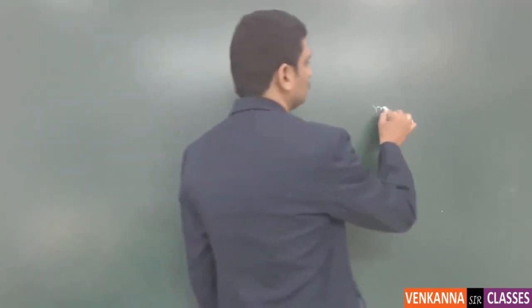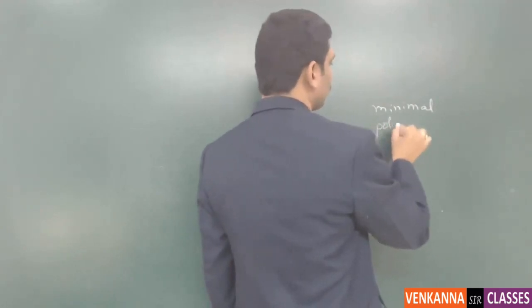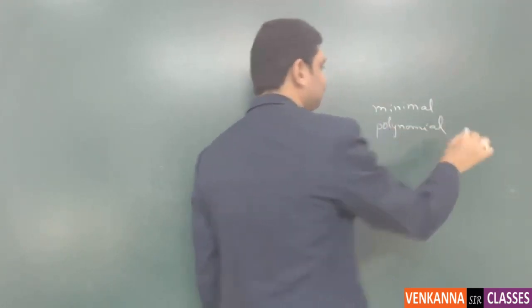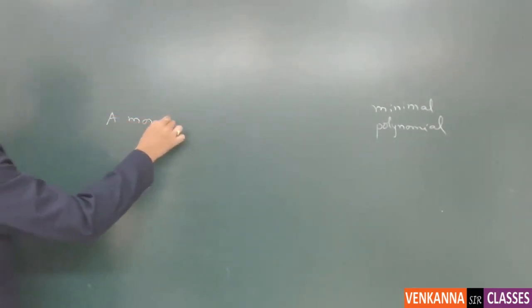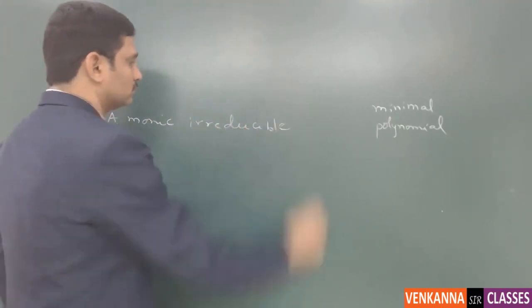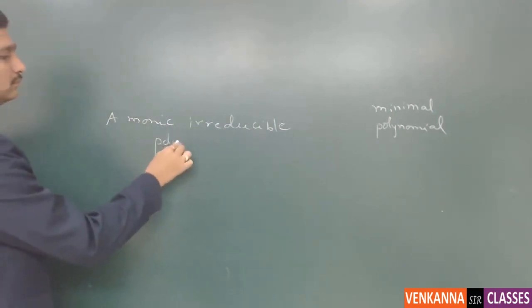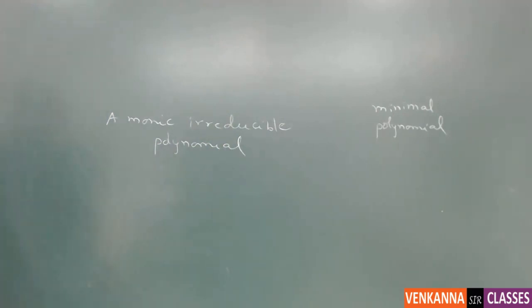What is meant by a minimal polynomial? Exactly. 1 and root 2 are elements of the basis here.